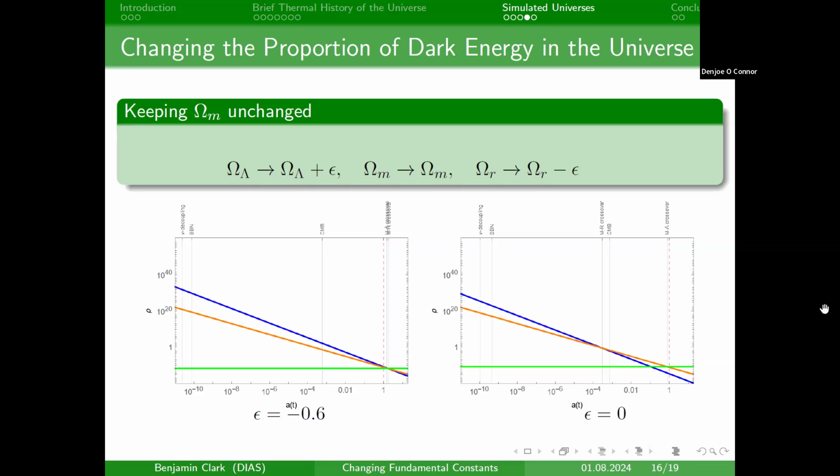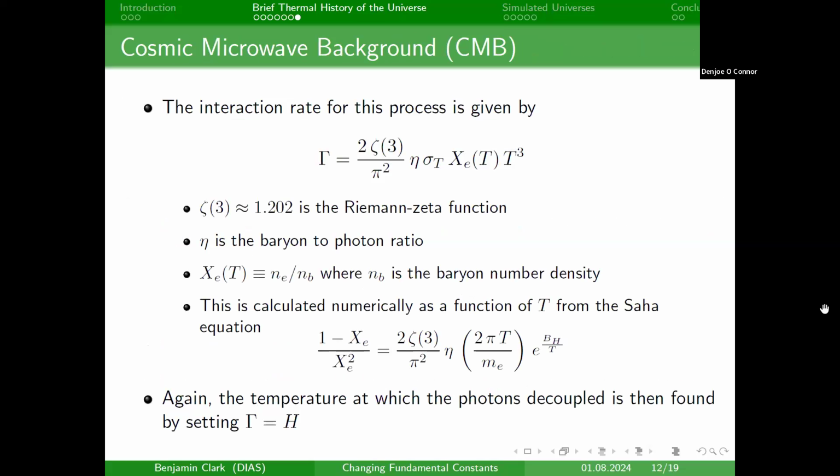Could I ask a very simple question that might even have a simple answer? I was very surprised to see zeta 3 popping up as if out of nowhere. Is there a simple explanation for why the Riemann zeta function comes into this? It's all statistical mechanics and thermodynamics.